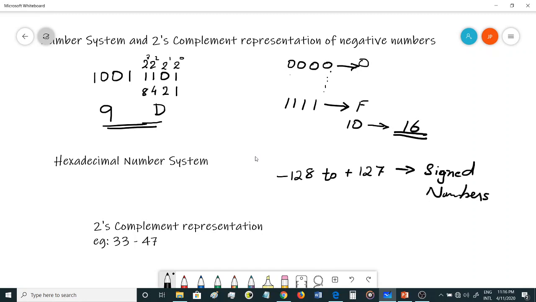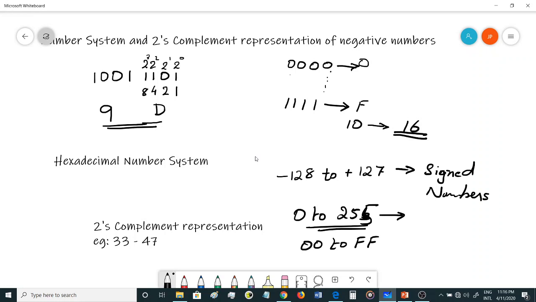For unsigned numbers, if you're not interested in the sign of the numbers, you can go all the way from 0 to 255, which is 00 in hexadecimal to FF in hexadecimal, which is 255.